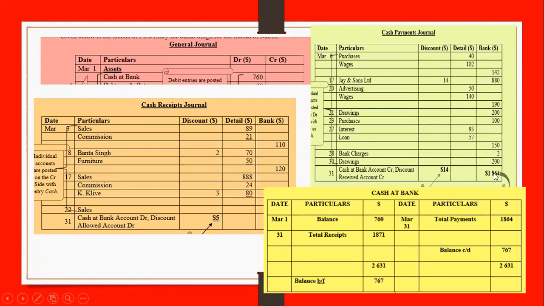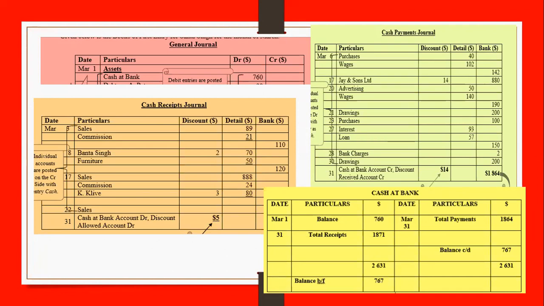Total credit, you go to the credit side. Total payments, 1864.